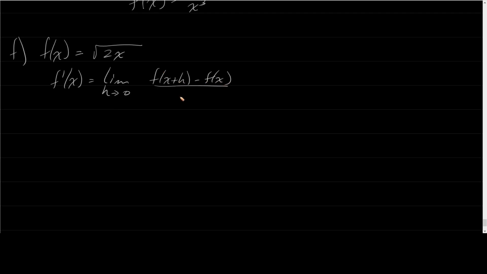So that's f of x plus h minus f of x over h. Applying this x plus h into here, I end up with the limit as h goes to 0 of the square root of 2 times (x plus h) minus the square root of 2x, all of this over h.